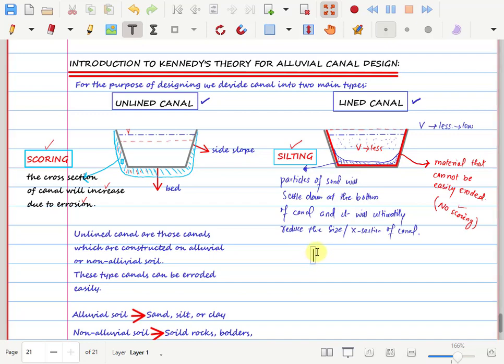So for lined canal, you can write, let me choose the blue color.